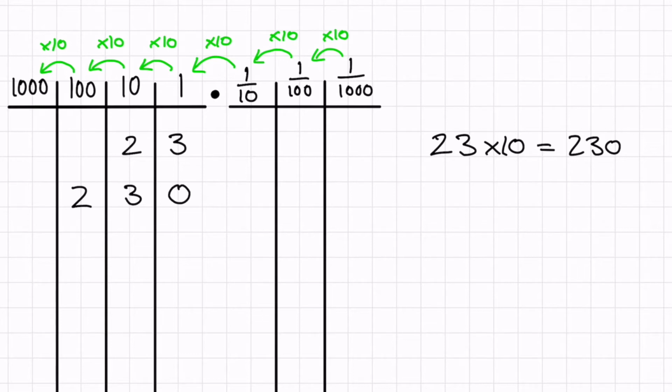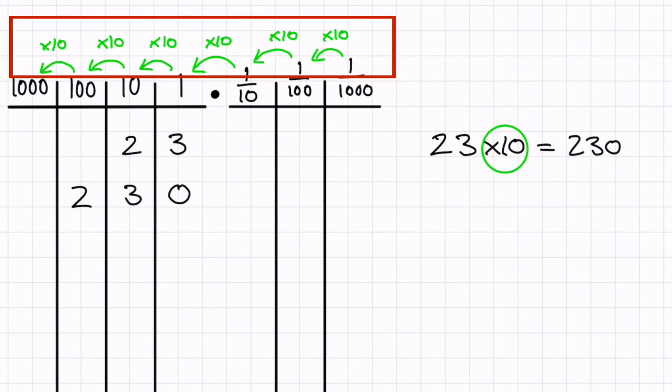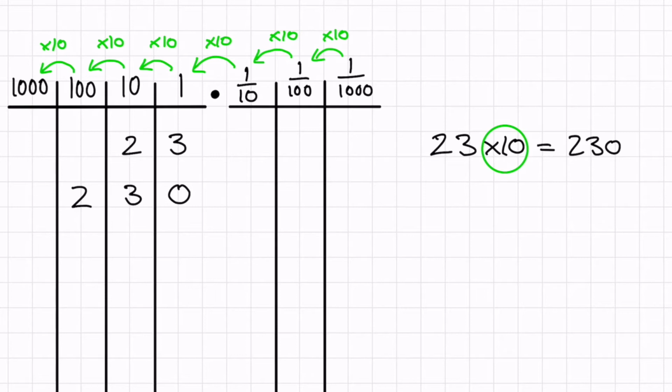So remember, this is the number that we are multiplying by, the 10. And look at the columns. The column to the left of any column is 10 times greater. Look at what's happened to the number that we're multiplying, the 23. Look what's happened to the digits 2 and 3 as we have multiplied by 10.